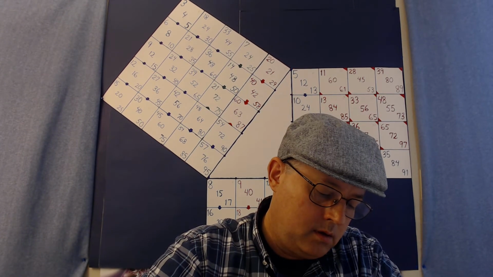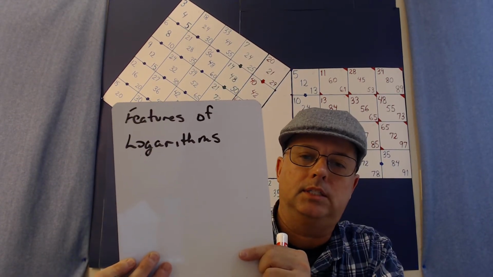All right, so let's write down some of the properties that we're going to use to prove this. Features of logarithms. That's what we've all been talking about in this series of videos. And so one of the features is the change of base.